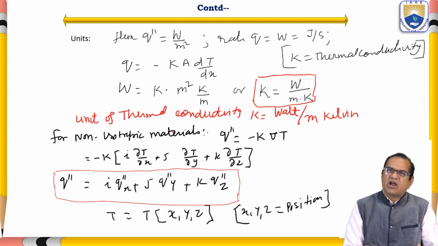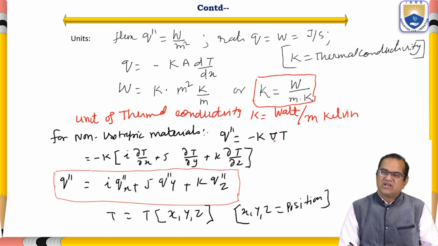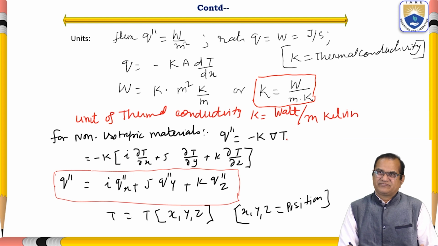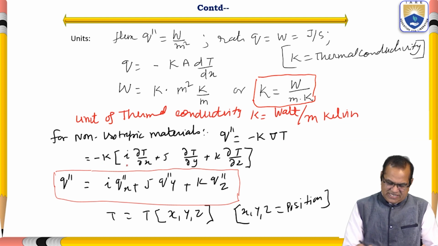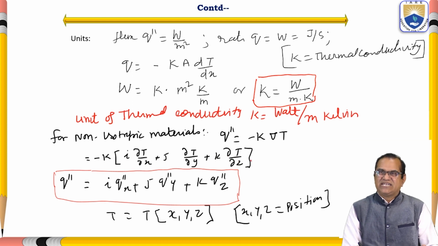For a non-isotropic material, Q double prime is equal to minus k del T. So what is this del? It is minus k times i del T by del x plus j del T by del y plus k del T by del z.